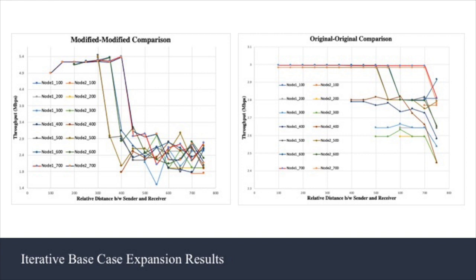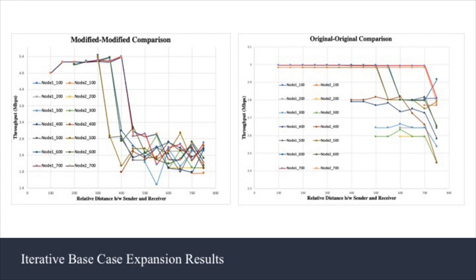In terms of the original nodes, they are only able to achieve a maximum of right at half of the maximum network bandwidth. So there is that region, up until right around 400 distance units between sender and receiver pairs, where our protocol modifications are vastly outperforming the original protocol.